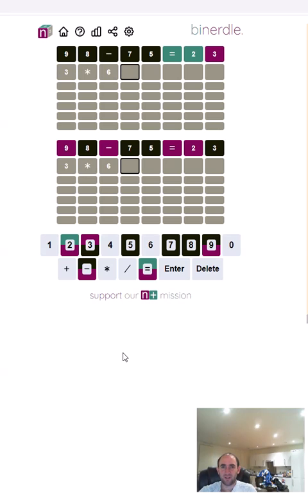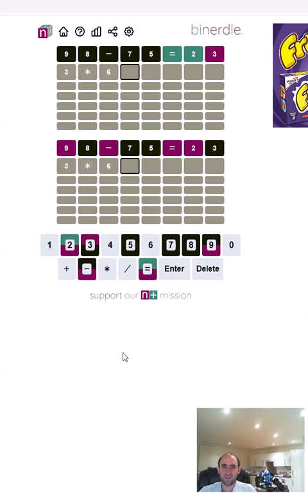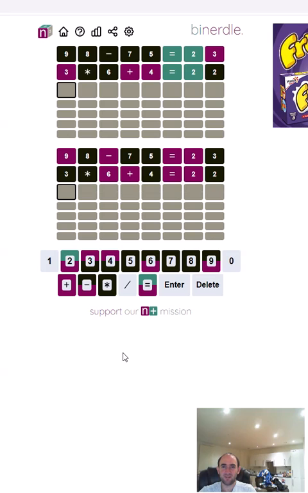Let's try some different symbols. If we try this, we're duplicating the 2, but I think it's worth a try to get some more information. Okay, so there is a plus, but we've ruled out the times, and the bottom one's got a plus and a minus.